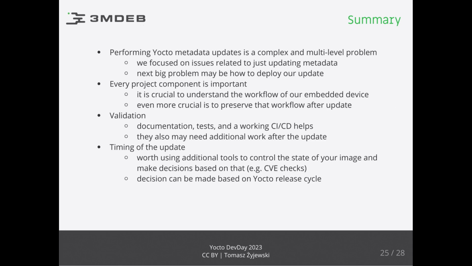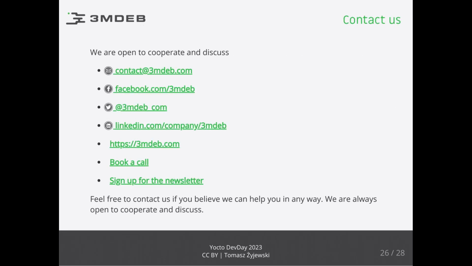In the validation phase, documentation and testing are important, and working CI/CD pipelines help a lot during those iteration cycles. About the timing of the update, we can sync with the Yocto release cycle, or we can check the CVE reports to decide when the update should be done.